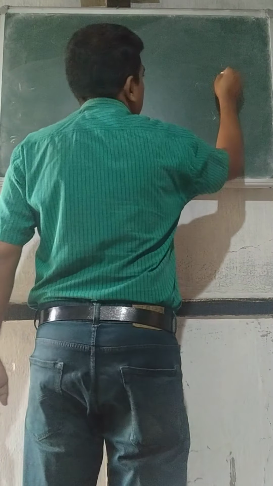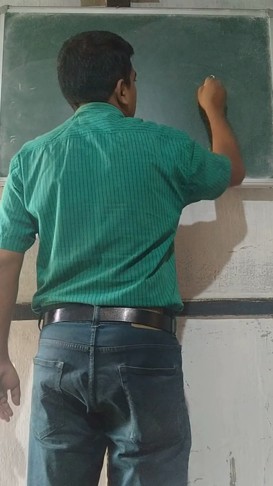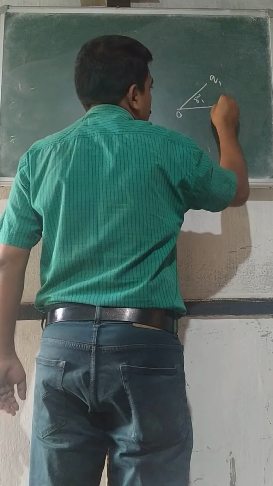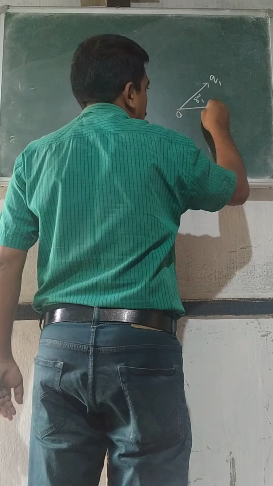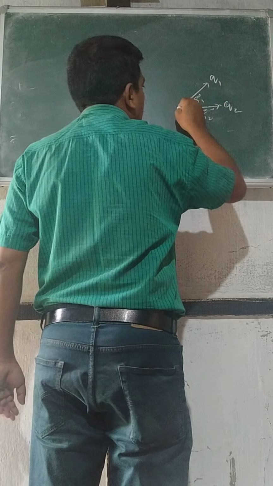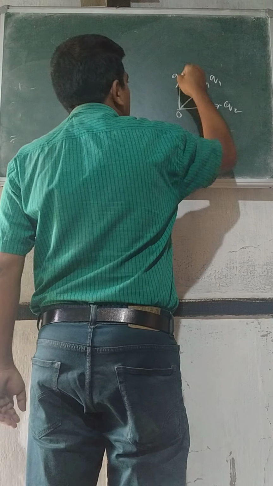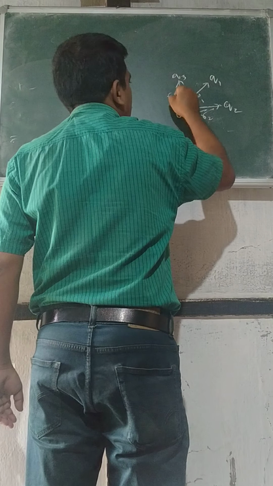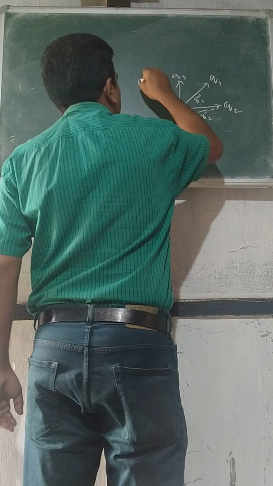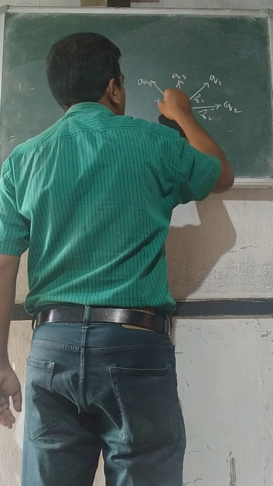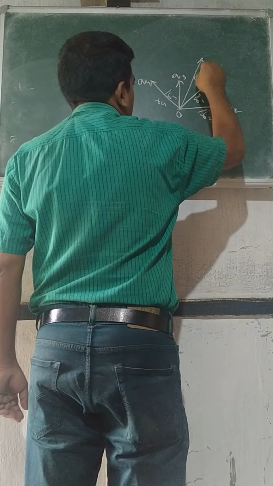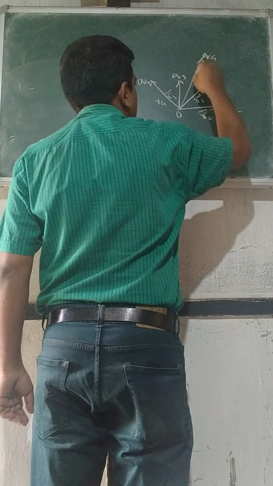Suppose this is Q1, a distance of R1 from the origin, Q2 a distance of R2, Q3 a distance of R3, Q4 a distance of R4, and this is Q5, a distance of R5.